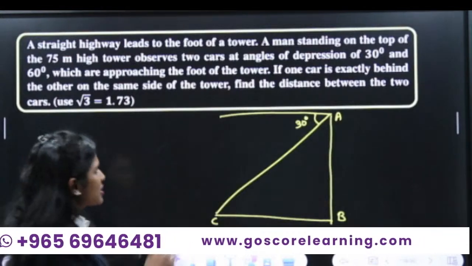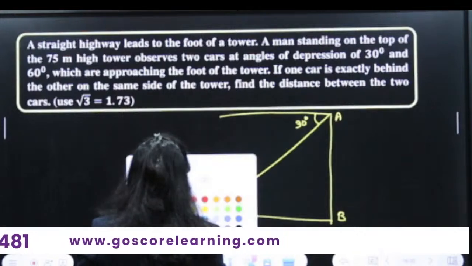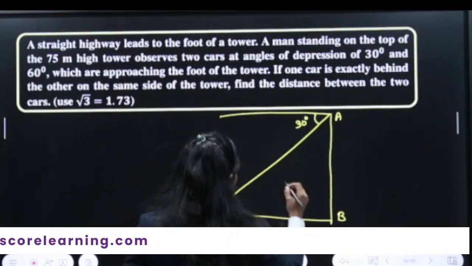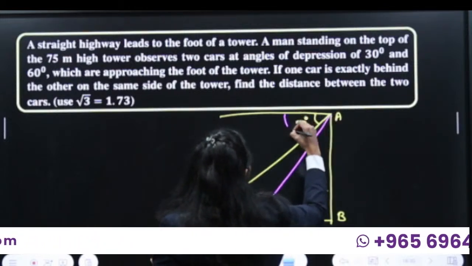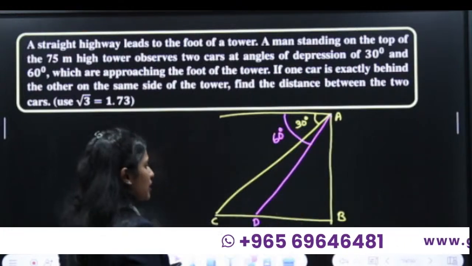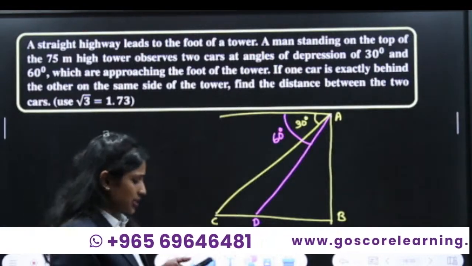Okay, so we have 30 degree and the next car, so name it as D. We have a point D here, and this angle of depression is 60 degree. Okay. Now we can consider the alternate interior angles, right?